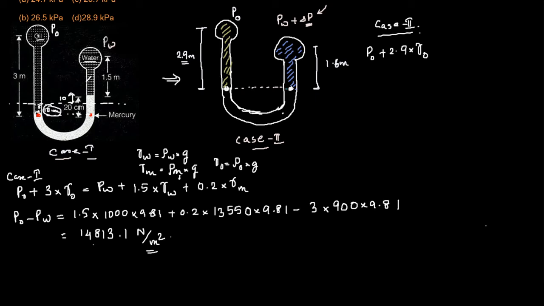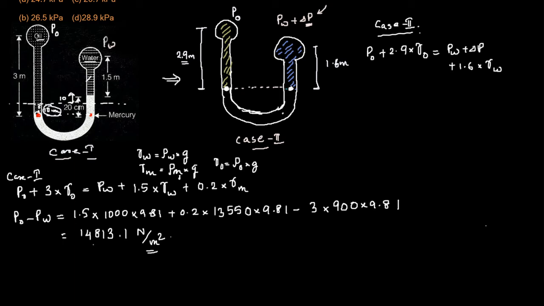That will give the pressure at the left limb. For the right limb we have water, which will be equal to PW plus delta P plus 1.6 into gamma W.